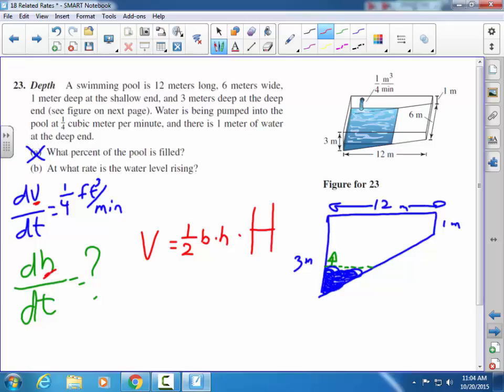Y'all seen that formula before? Area of a triangle. Okay? Do you see a triangle anywhere here? Yes. We've got a triangle right here. Okay? We know that this part here is 1. So we've got this area. Now, what do you think this capital H is then?